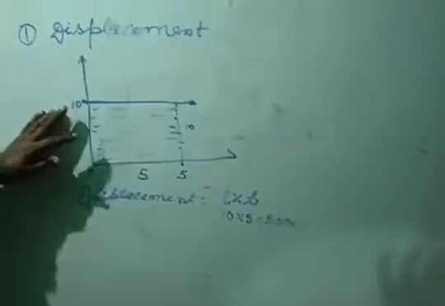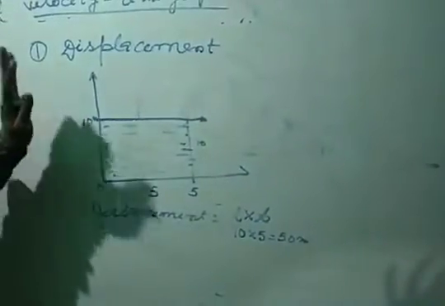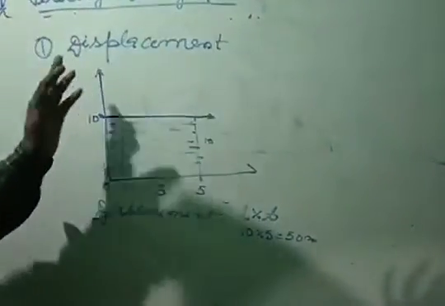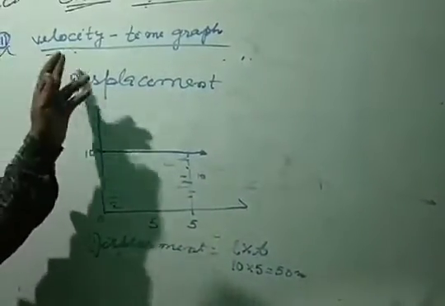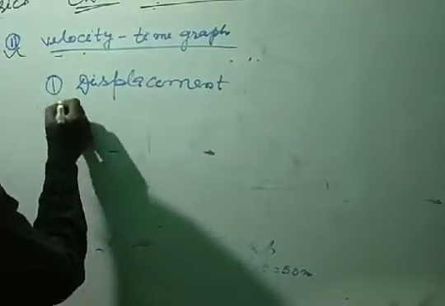So the velocity time graph gives displacement of the body, and second, acceleration can be obtained from the velocity time graph.